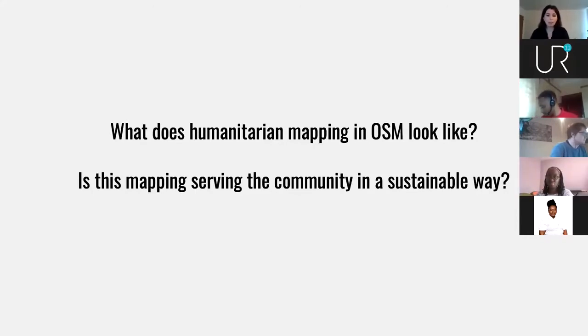We hope that this will lead to a short dialogue about some potential strategies for ensuring higher quality data and more widespread local engagement, not only during, but also in the years following humanitarian mapping campaigns. So each of us will briefly speak to some research that we've done on these topics to break it down a bit further, and then hopefully have some further questions and discussion after this.